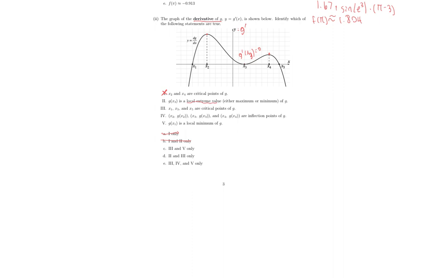We don't just want our derivative to be 0. We want it to be changing signs, right? So if I were to try to draw this, to our left, our derivative is positive because it's above our x-axis, and to the right, our derivative is positive because it's above the x-axis. So it means that we have a positive slope, and then we have a 0 slope, and then we have a positive slope again. That's not a minimum, that's not a maximum. So that's not going to be true. That also means that D has to be wrong.